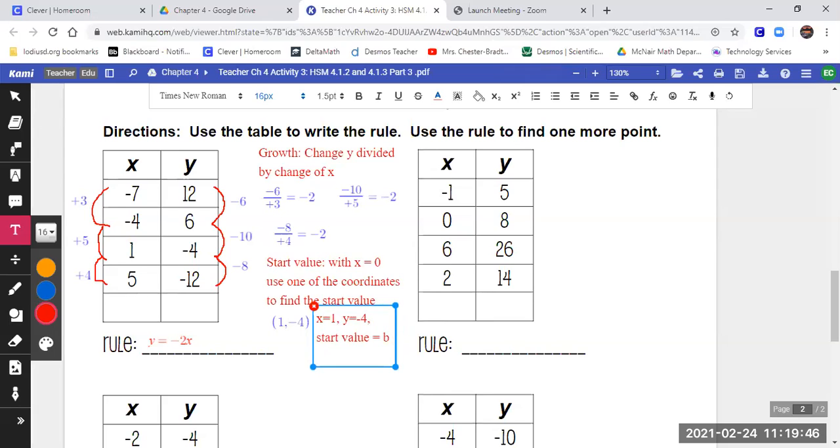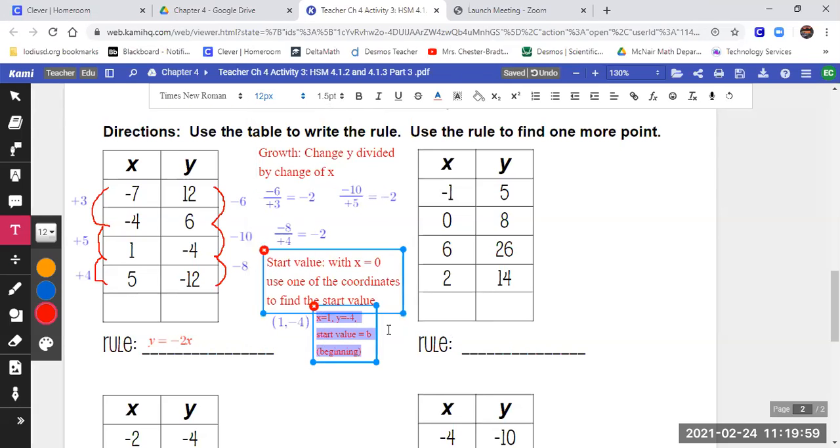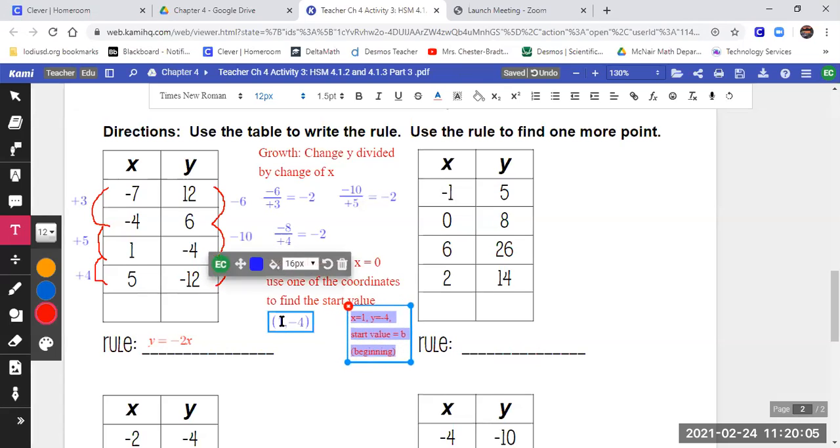When we begin, we start. So whenever we think about that b, it's about the beginning. Okay, so I'm utilizing what I do know to solve for what I don't know.